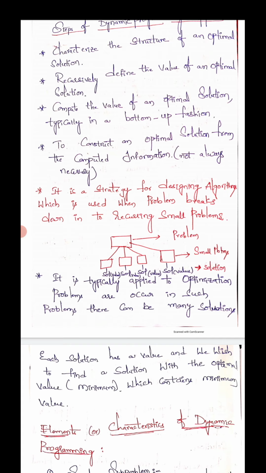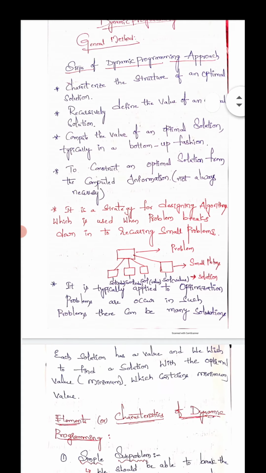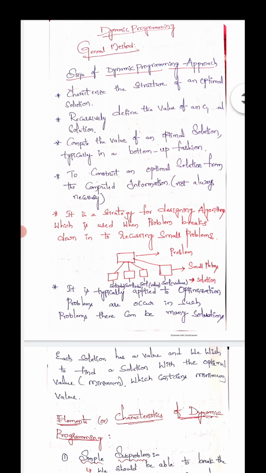Each small problem gives one solution, and each solution contains a value, but we need to find an optimal solution with the optimal or minimum value. These are the dynamic programming steps.